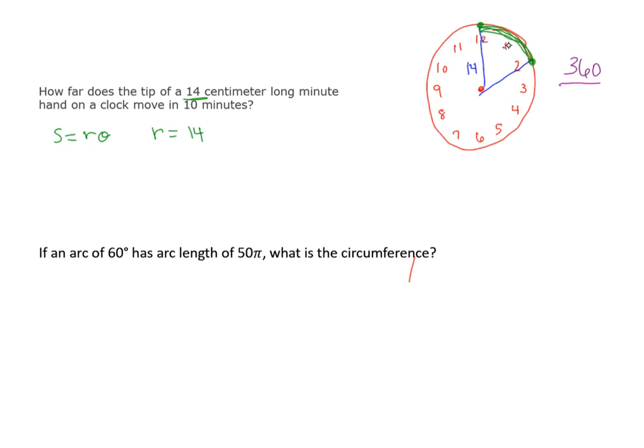There's 5, 10, so there's 1. 15, 20, there's 2. 25, 30, there's 3. 35, 40, there's 4. 45, 50, there's 5. 55, 60, there would be 6. So in a 10-minute block, it goes 60 degrees, right? That angle right there is going to be 60 degrees.